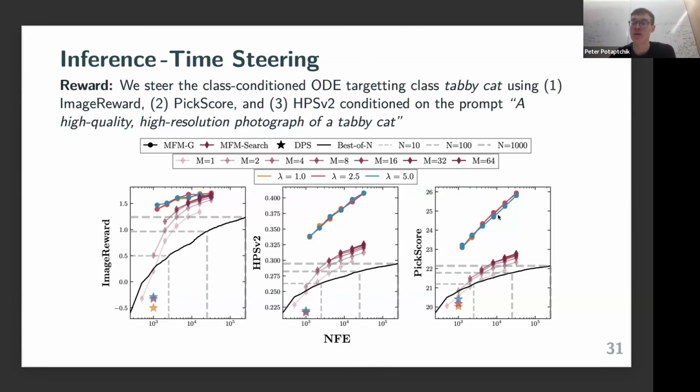The top curves here are going to be from exactly the procedure that I was describing before. You're going to simulate the Doob ODE, and at each step, you're going to take some number of Monte Carlo samples using the meta flow map in order to estimate the gradient of the value function. The first point here is we take one Monte Carlo sample, then two, then four, then eight, then 16, then 32.